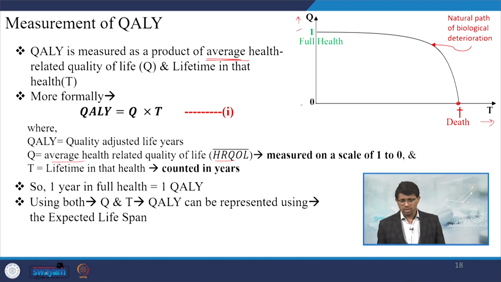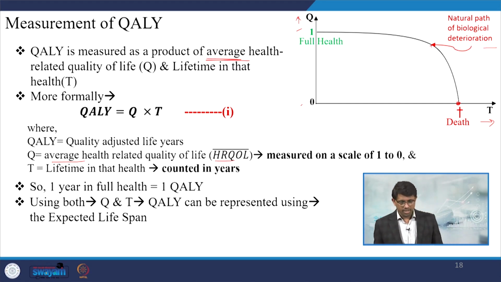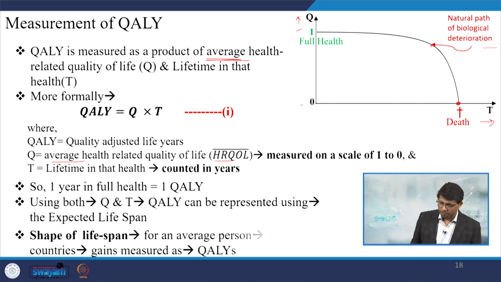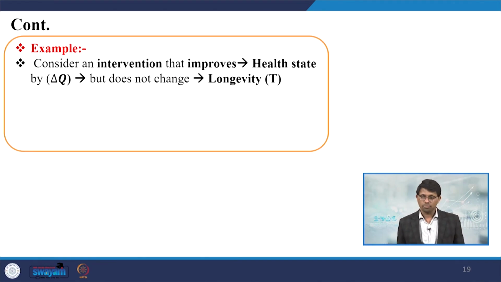The natural path of biological deterioration occurs after a certain period of time. There is some deterioration all the time, but the major fall occurs at a later age, hence there is a sharp fall. The shape of lifespan for an average person varies across countries, and the gains are accordingly measured through QALY.